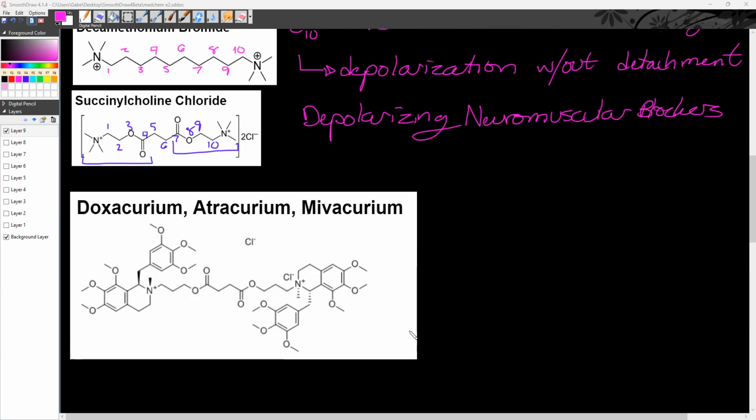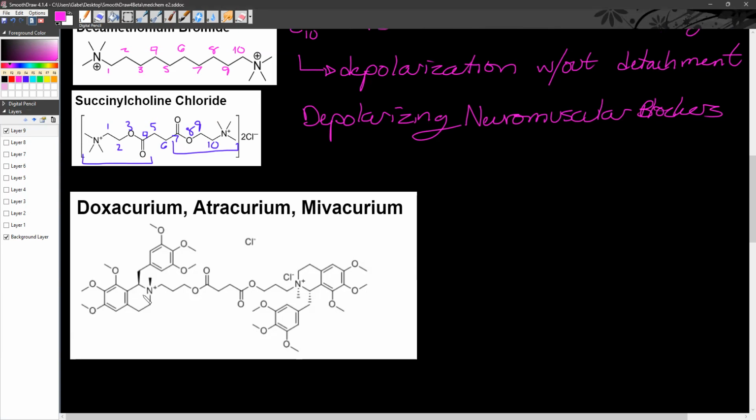But a couple of key features. First of all, you notice that we have this N plus moiety. Let me do this in a different color. We have the N plus moiety that we need in order to act like acetylcholine. Whenever you see a neuromuscular blocker, you should always count the distance between these two positive groups.